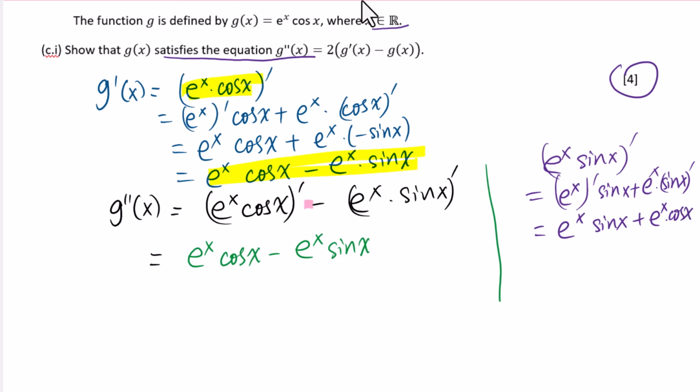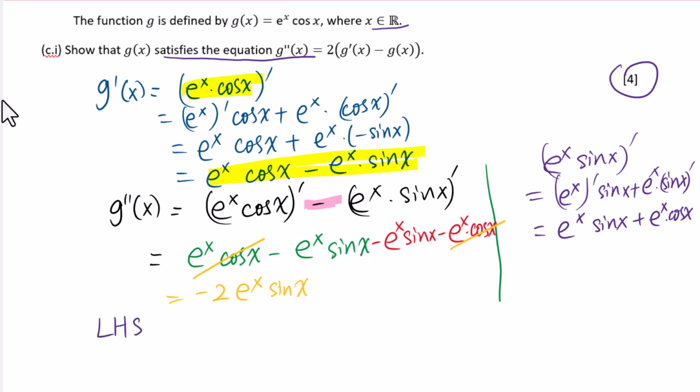Pay more attention to this minus sign. So we change sign: minus e to the x power sine x minus e to the x power times cosine x. Then cancel, equals negative 2 e to the x power sine x.